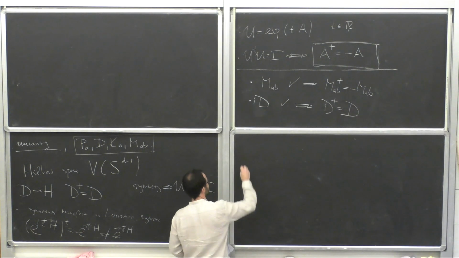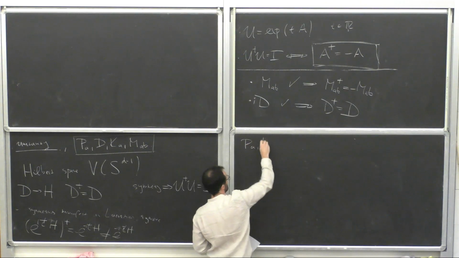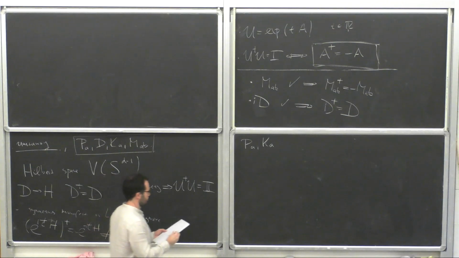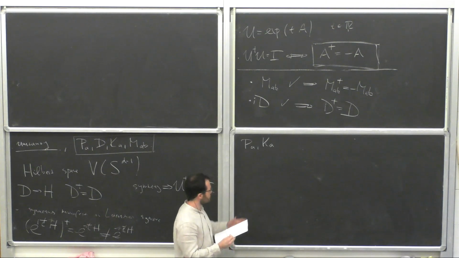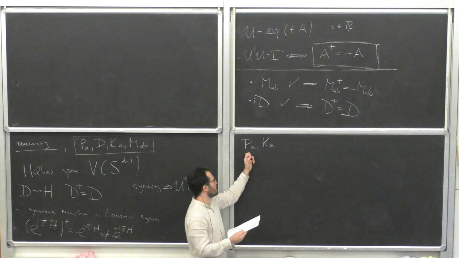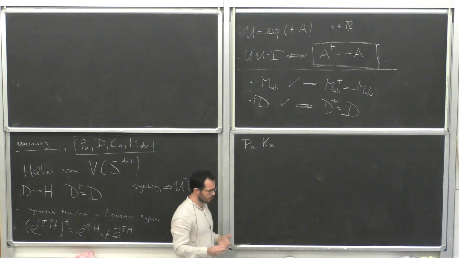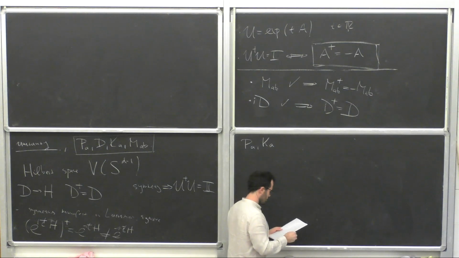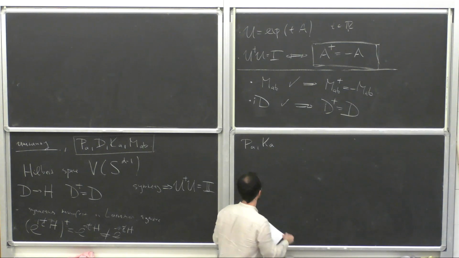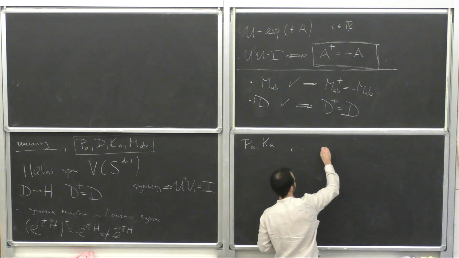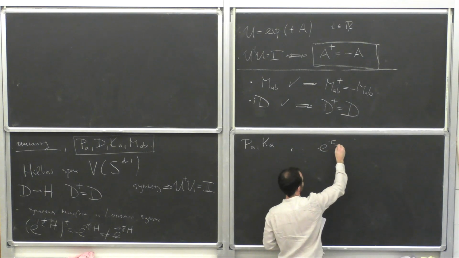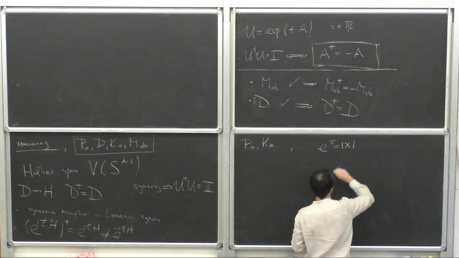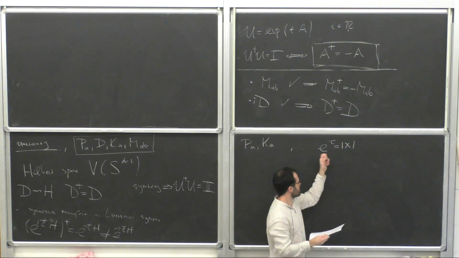But now we need to think about P and K. This is the slightly non-trivial part. We need to consider how these generators act on the Lorentzian time on the cylinder. Remember that e^τ is equal to |x|, this is the radial quantization.